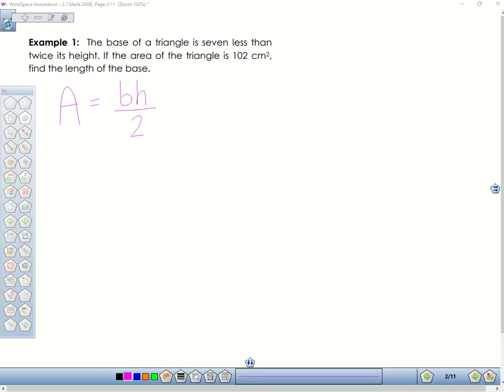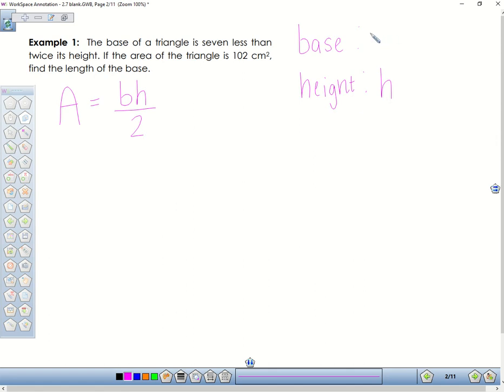And then once we have that information, we're now going to set up our let statements, okay? So there's 2 dimensions of the triangle that we need to worry about. We have our base and we have our height, of course. So we want to write one of them in terms of the other. It says here the base of a triangle is 7 less than twice its height. So let's call height by the letter H. And if height is the letter H, we know the base is 7 less than twice its height.